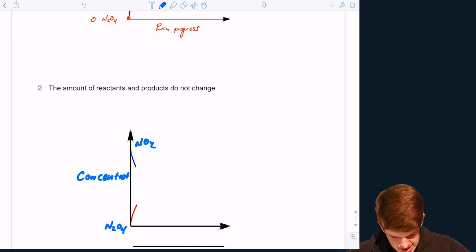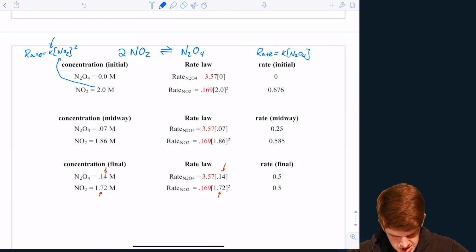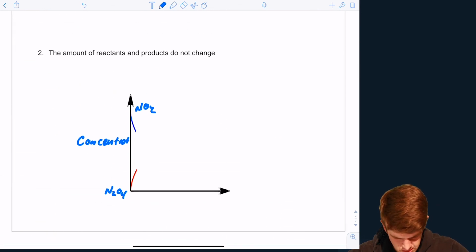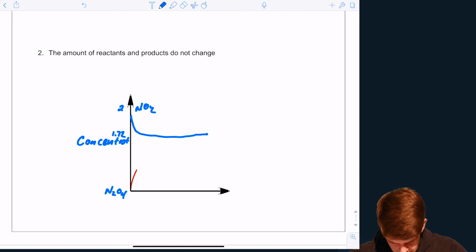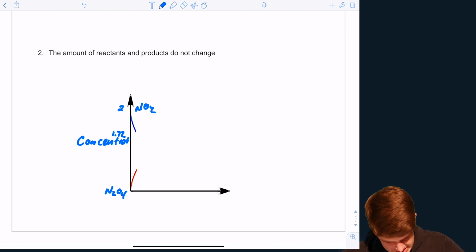So as the reaction went on, I started with a concentration of 2, and I ended at 1.72. So here's my start, and then let's say right here is my end. So I would look like a better version of this. I'm not going to stand for that. At some point we leveled out.